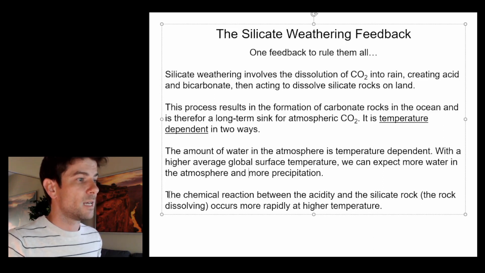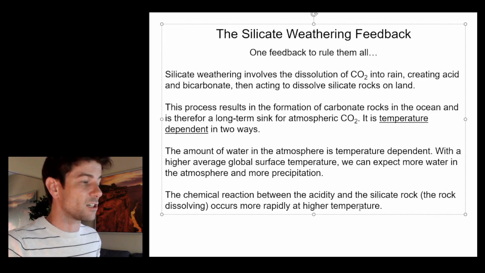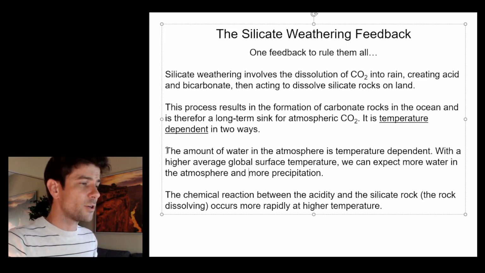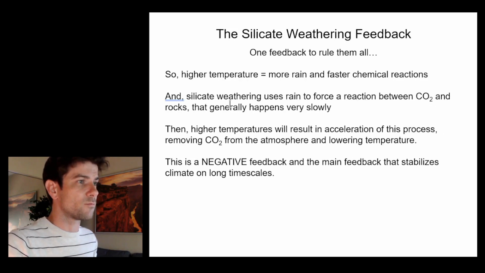Okay. The chemical reaction between the acid and the rock occurs more rapidly at higher temperatures. Reactions like this are very temperature sensitive, and so they progress really, really slowly at low temperatures. But at higher temperatures, they react much faster. Okay, and so if you increase global temperatures, right?